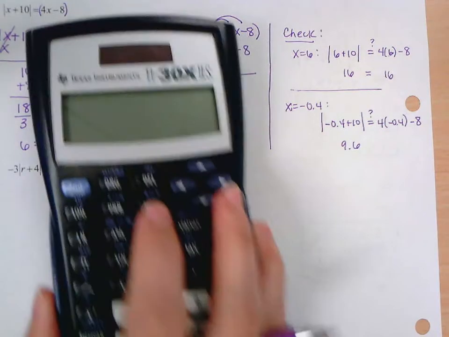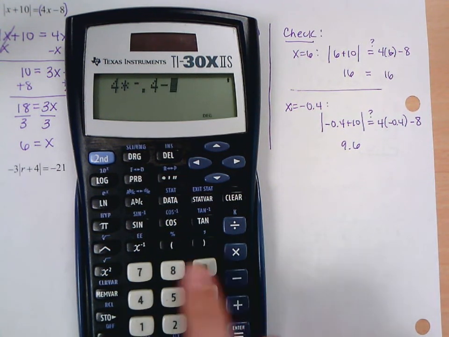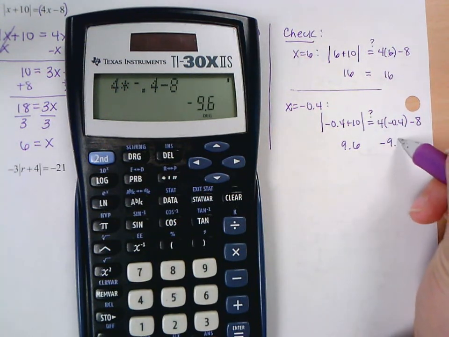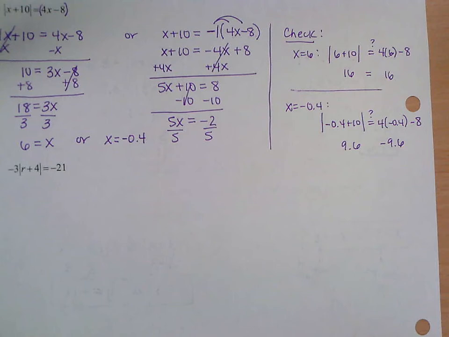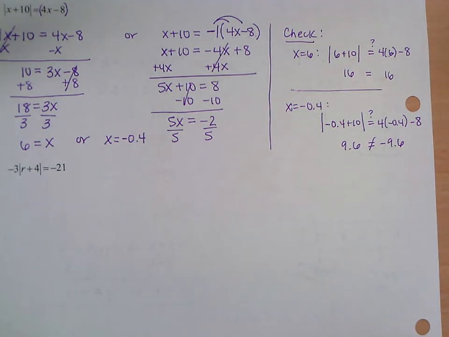And then on my calculator, 4 times negative 0.4 minus 8 is negative 9.6. Okay, 9.6 and negative 9.6 are not the same number. So that means this is not a solution.